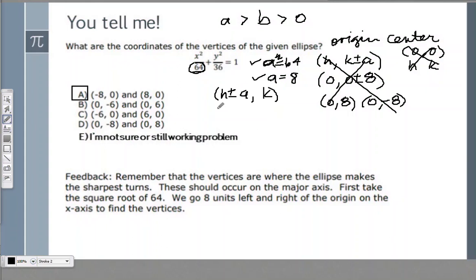So that gives me 8 and 0, negative 8 and 0. All right, sorry about that. I hope it didn't confuse you. Just remember, if the largest term is under the x squared value, it's going to be horizontal. So that means your major axis is going to be the x-axis. And that's how you go about finding the vertices.